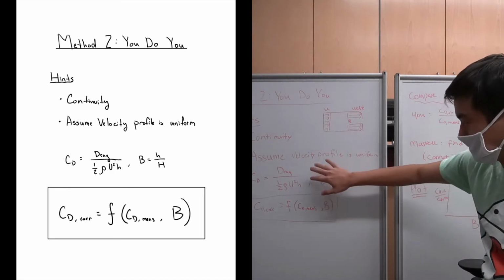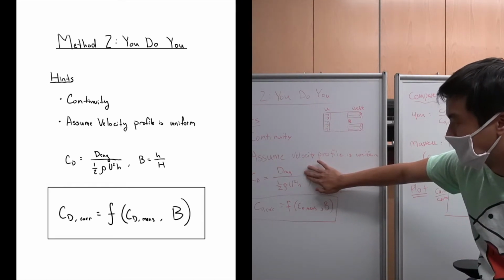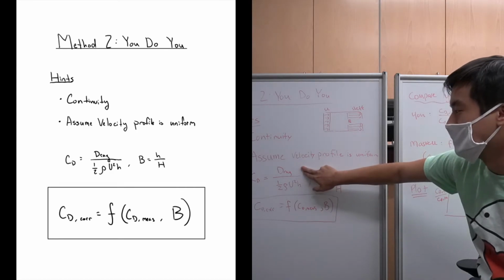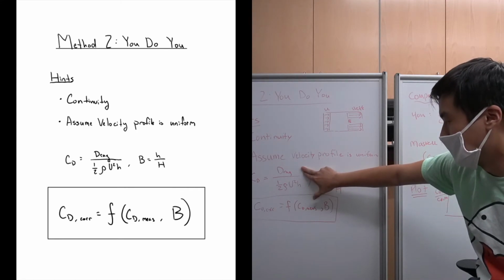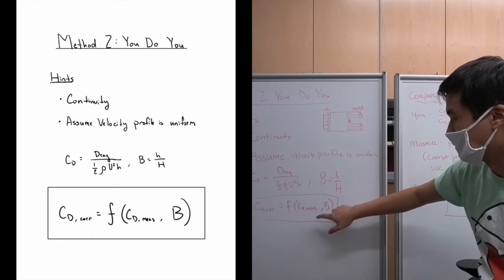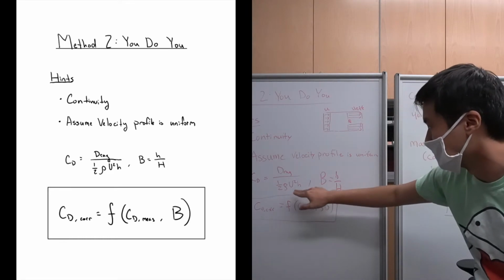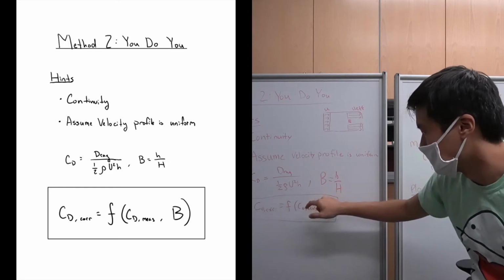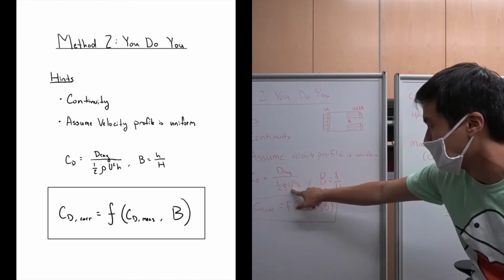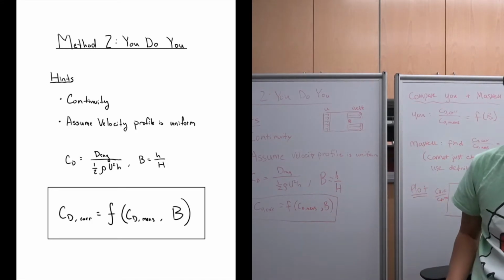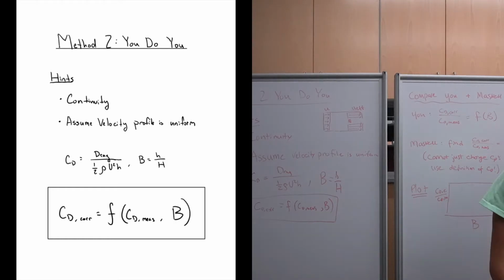Just a further hint: with your drag coefficient, we know that the measured drag will be the same for both CD measured and CD corrected. Really, all these terms will be the same. What's changing is your velocity term, which you can calculate from continuity.